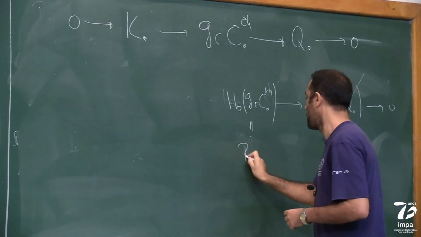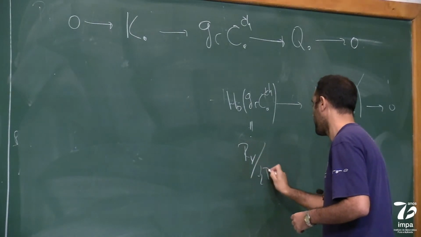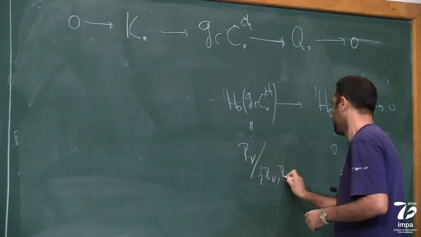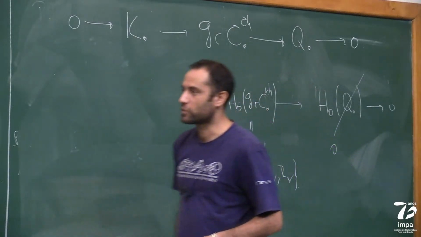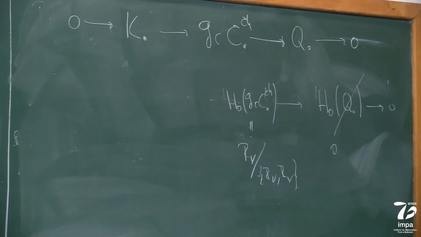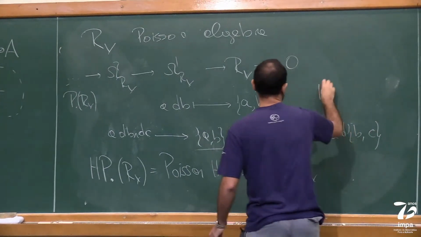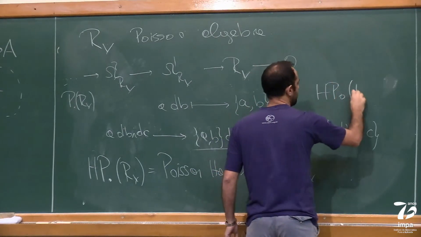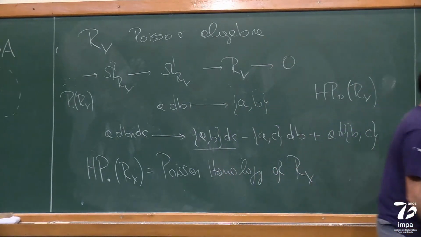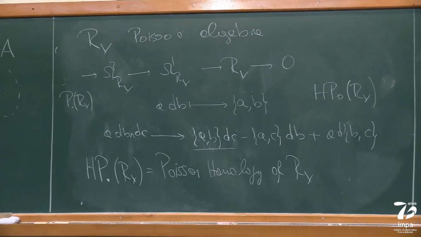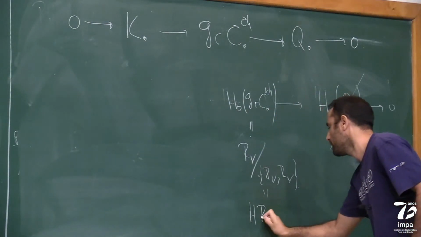This is RV divided by Poisson brackets, which by the description I just told you is HP0 of RV. So that's what we get in degree 0.